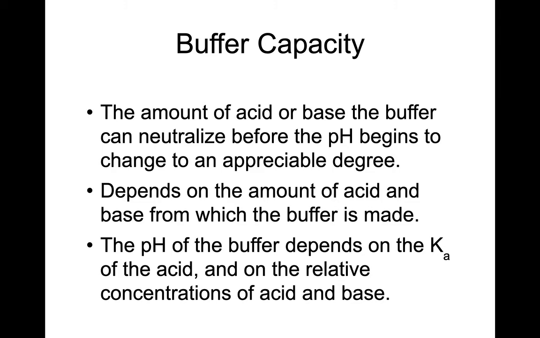It's its capacity, its ability to deal with an acid or base addition before you start to see a change in pH. And this will depend on the amount of acid, and it will depend on your composition of the buffer. It'll depend on the dissociation constant of the acid and on the relative concentrations that you're using.